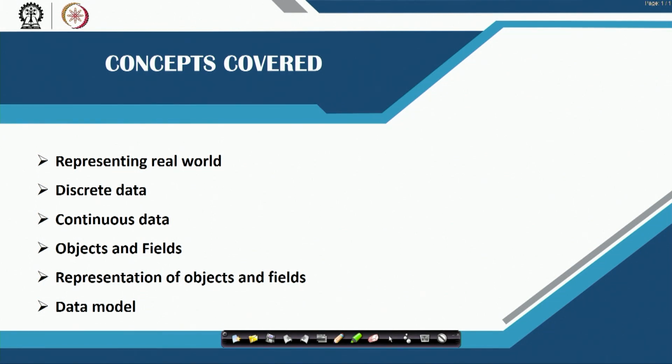These are extremely important when you are looking at data and how you represent an object and a field, because that is what is converted into a data model. And finally, the data model. In the next set of slides, we will look at the different data models and examples.